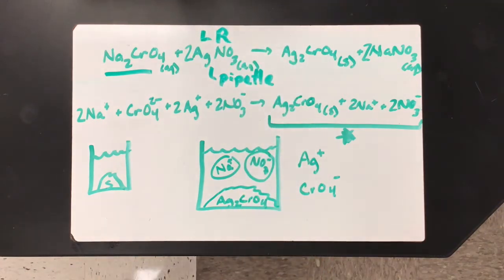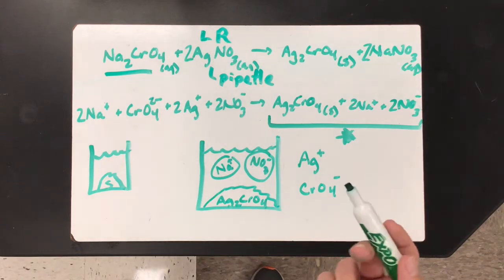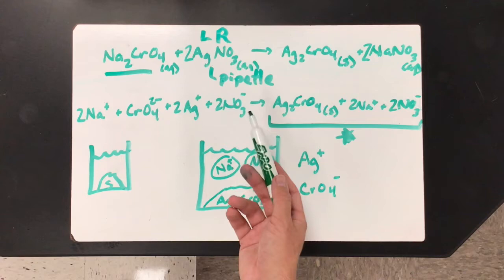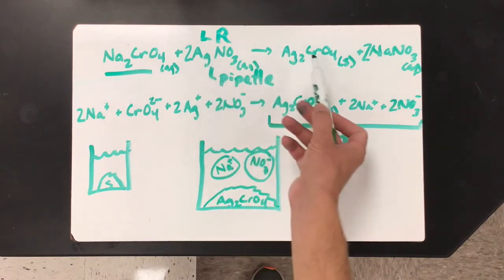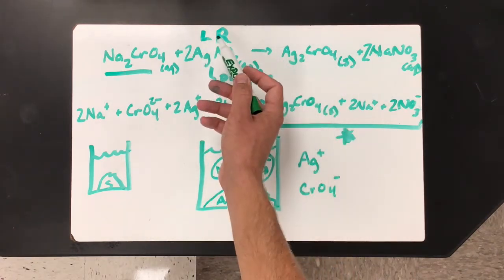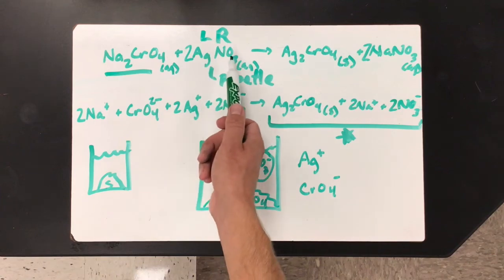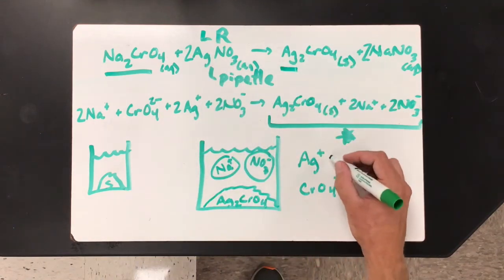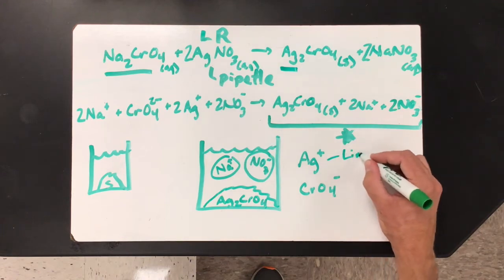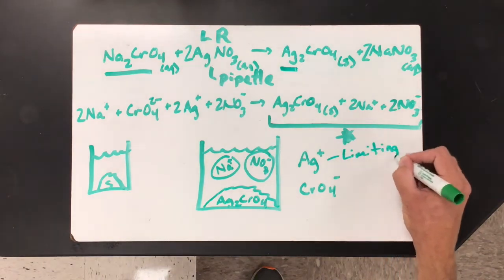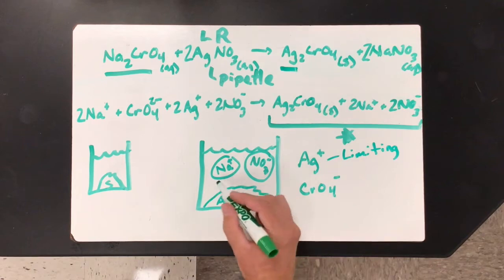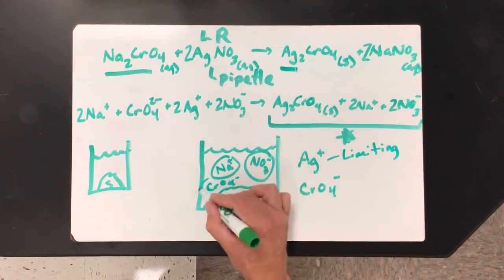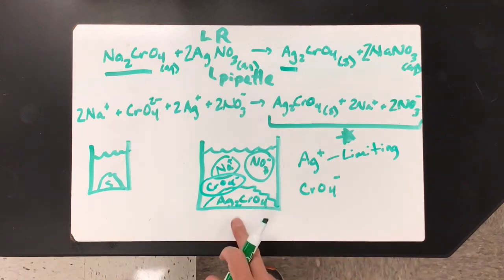So what does that mean? Why did the reaction stop? It's because one of those ran out. So of those two ions, which one would run out? It's the one that's creating something new. So all you'd have to say is, oh, the limiting reactant was silver nitrate. Well, the product has silver in it. So this is going to run out. So this is limiting, and the minute I say limiting, that means I'm going to run out. So it would make sense that my other ion would probably be, sorry, this is a little sloppy, the chromate.